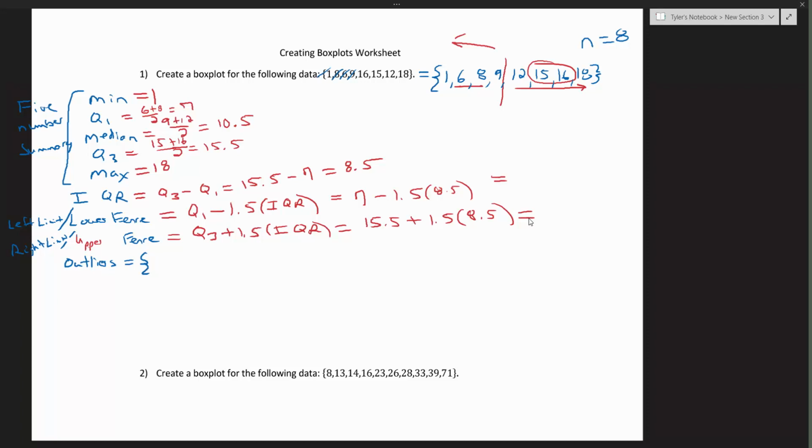So if we just do some arithmetic and simplify these, so 7 minus 1.5 times 8.5 is negative 5.75. And then 15.5 plus 1.5 times 8.5 is 28.25.